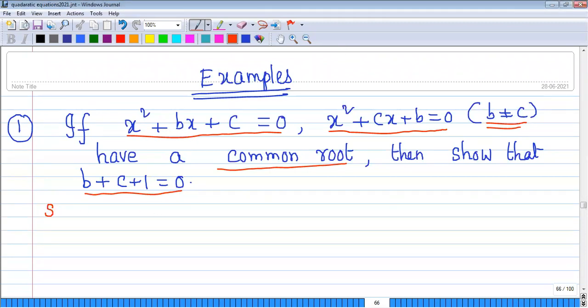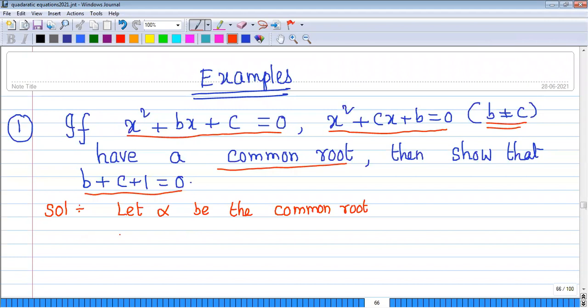Solution. Let alpha be the common root. Since alpha is the common root, alpha satisfies the first equation.